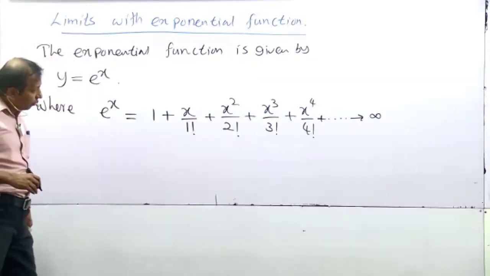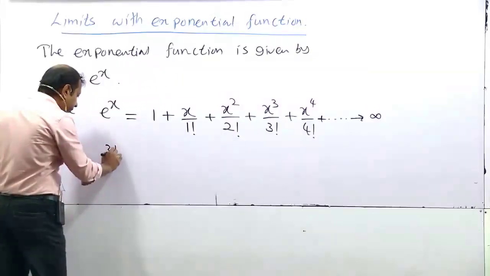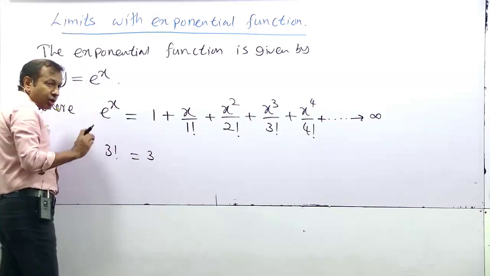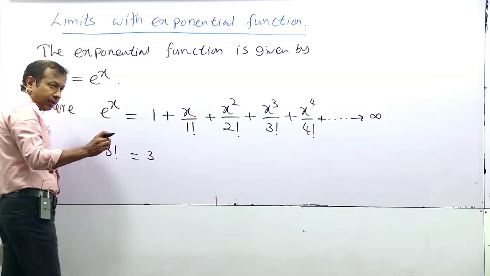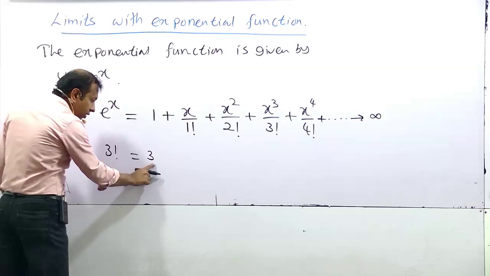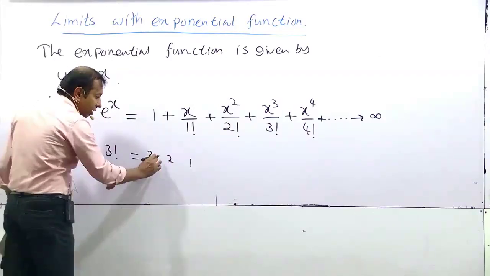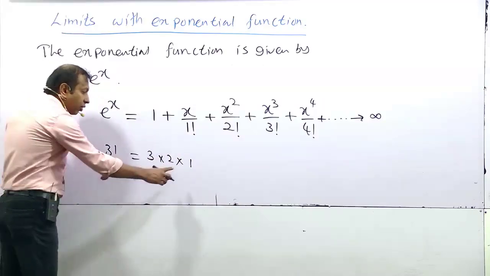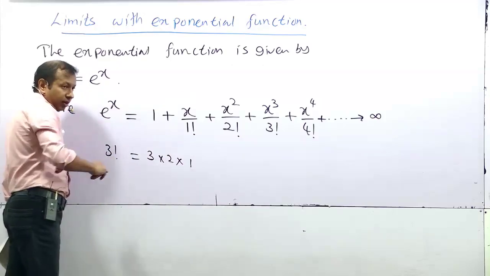Here, this factorial means, people, for example, 3 factorial means starting from 3, subtracting 1 at a time until we get 1: 3, 2, 1, and we multiply this way. In other words, starting from 1 up to 3, we write and multiply.